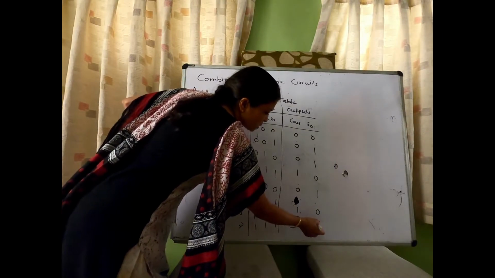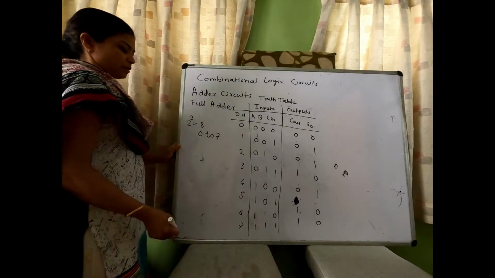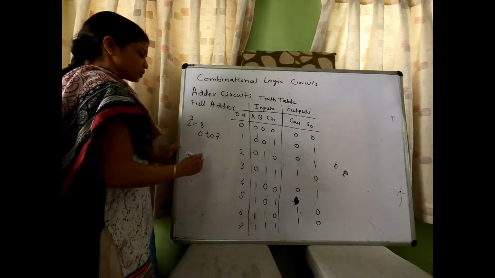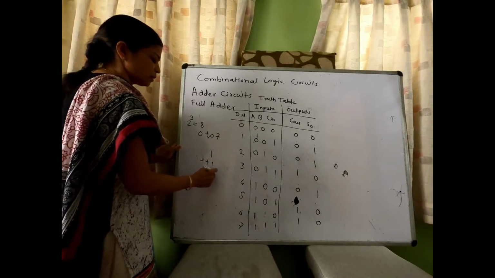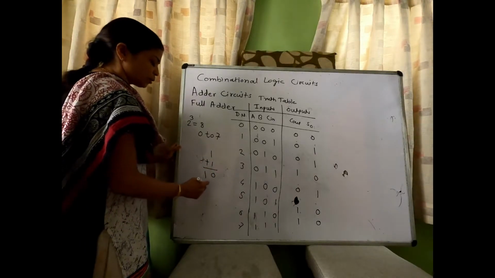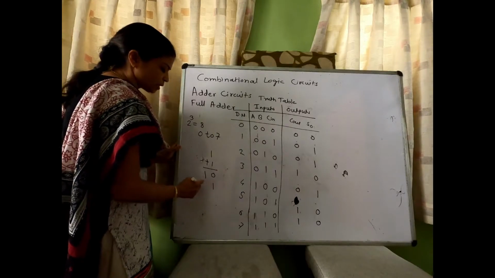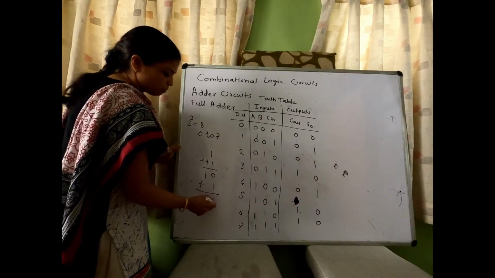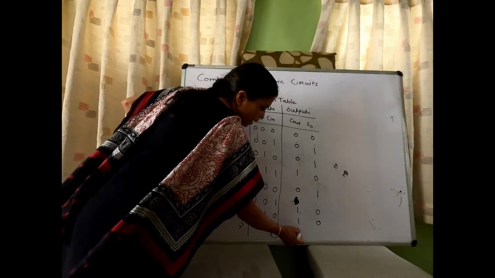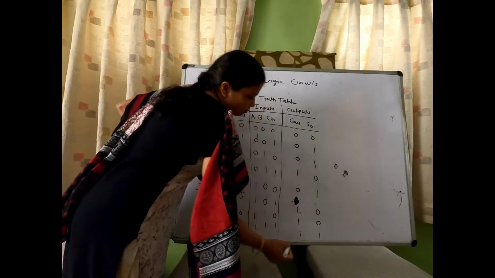Here again 1, 0. And for the last row, that is 1, 1, 1, we will add as 1 plus 1, 0 with carry output as 1. Then here again we will add the third one. So here it is 1, 1. So here we have the outputs as 1, 1.